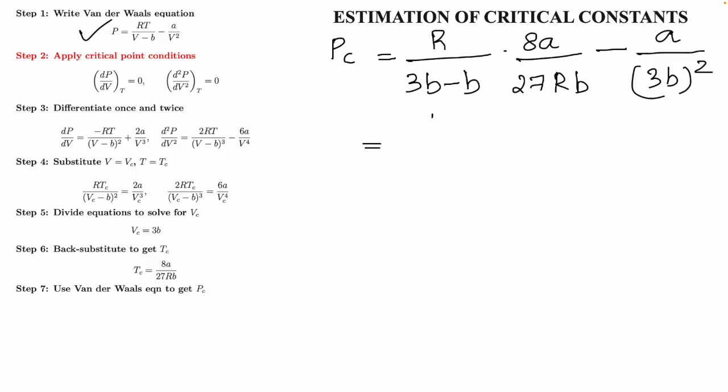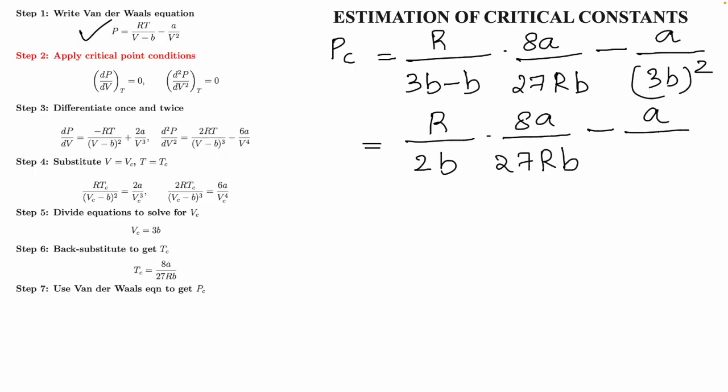That is equal to R by (3B minus B, which is 2B) into 8A by 27RB minus A by 3 square, which is 9B square.